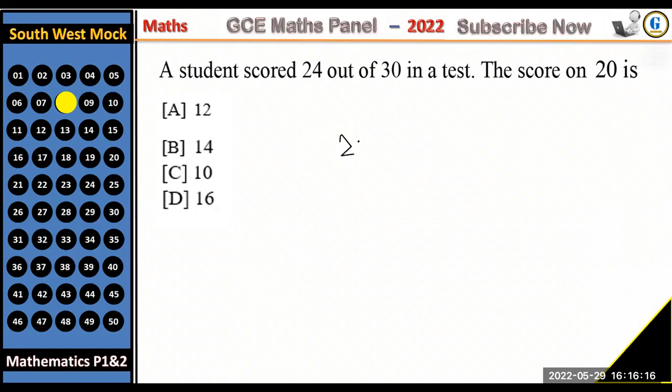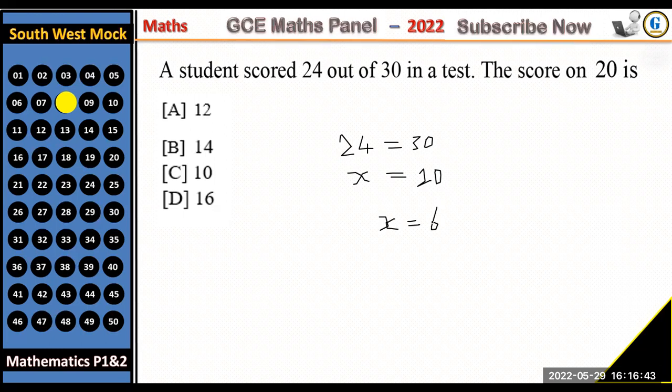You may say that 24 is equal to 30, that's the score on 30. So now x will give us the score on 20. So we can cross multiply, and if we cross multiply, the value of x will be equal to 16.